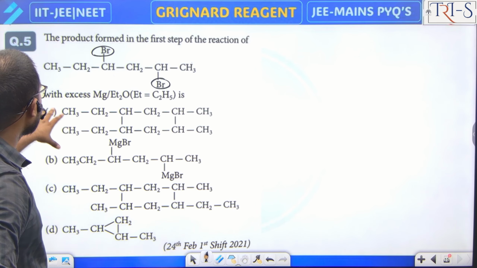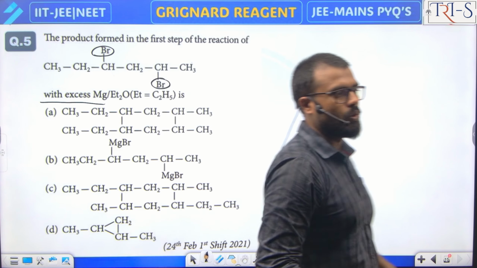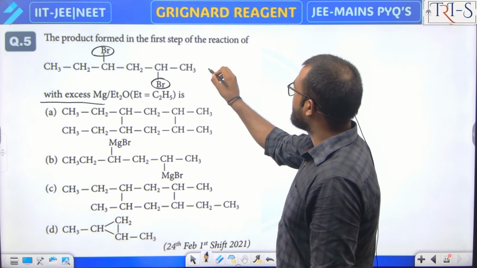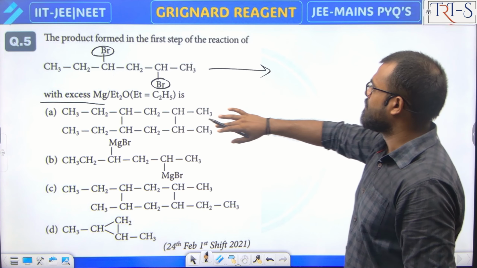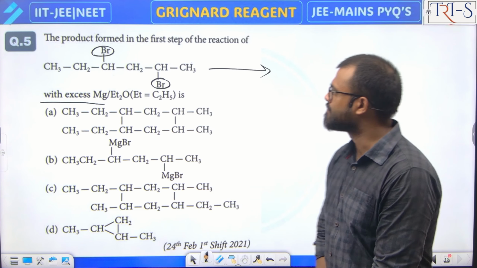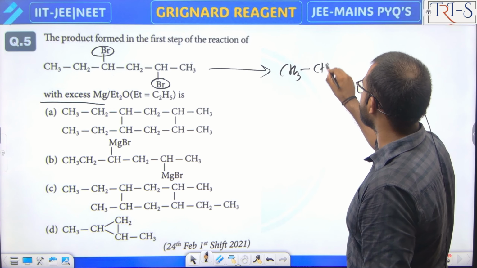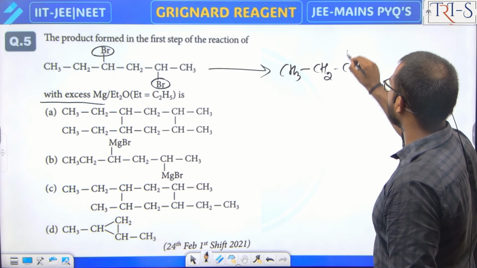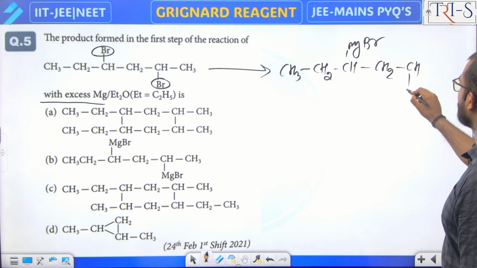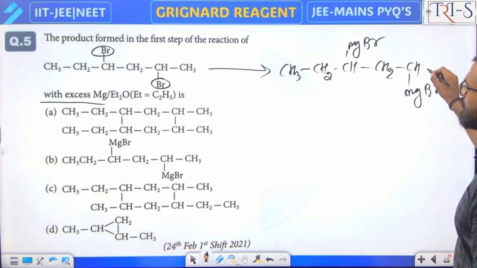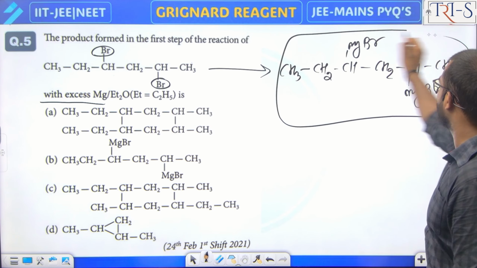So this compound on reaction with excess Mg in Et2O, that is diethyl ether, magnesium will be inserted into all the carbon bromine bonds. So you can see easily, without any restrictions, this will be the final product.